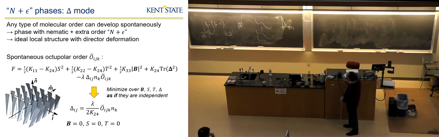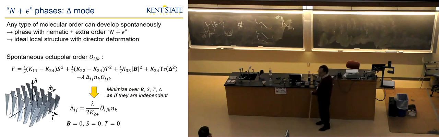Right, splay, I told you about twist. Okay, so likewise with this delta mode, if you have molecules with this shape that I made up, and they tend to align in the plane perpendicular to the director, then they're characterized by some octopolar order parameter that will couple with the director and make a saddle-like deformation.